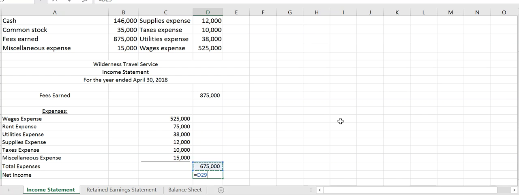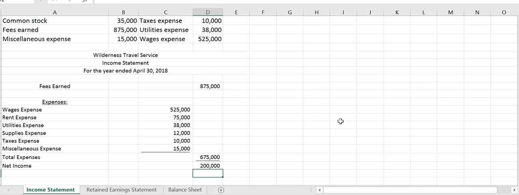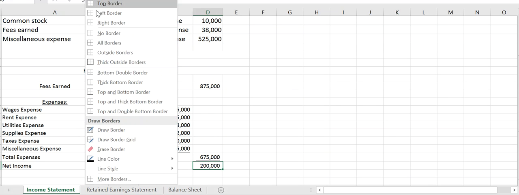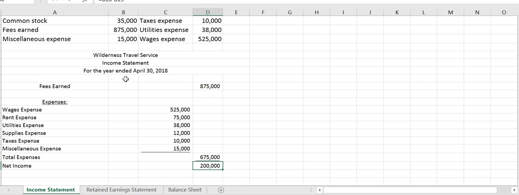So we take our revenues minus our expenses, and we have a $200,000 net income for this period. That $200,000 net income, we are actually going to double underline to indicate that we are finished with that number on this financial statement, meaning we're not going to add anything or subtract anything else from that value on this financial statement.